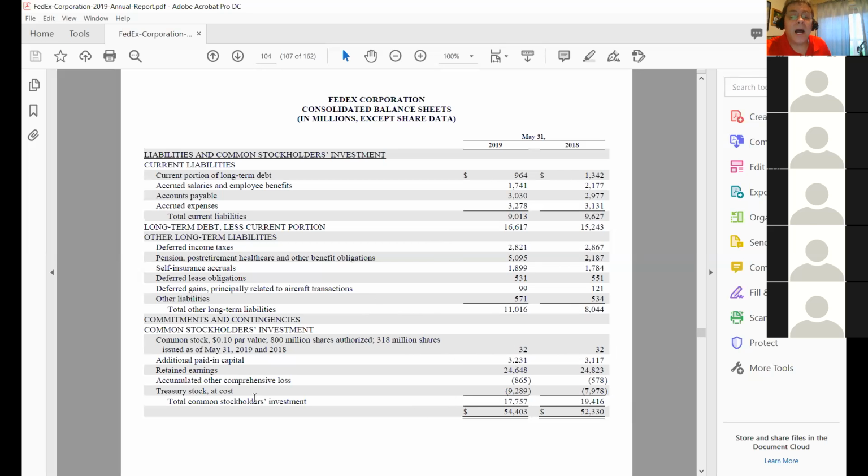Now, I would say that FedEx is not giving us all that we would like, because I would like to know how many shares they currently own in their treasury. And they did not tell us. We know the dollar amount they paid for them, but we don't know the number. And often that should be in like a parentheses, kind of like this tells us numbers.